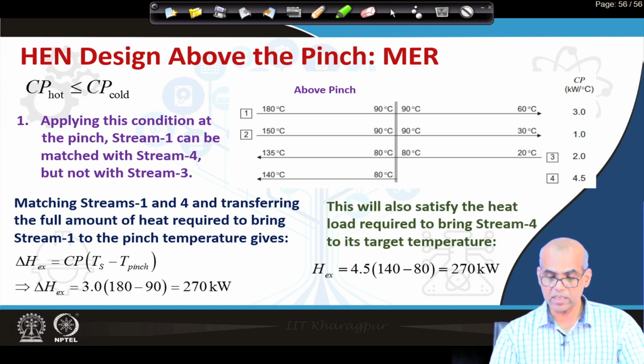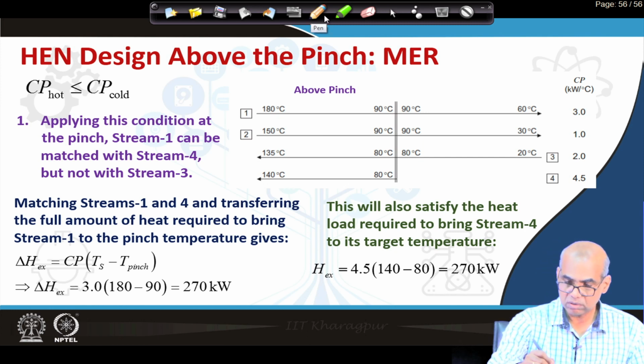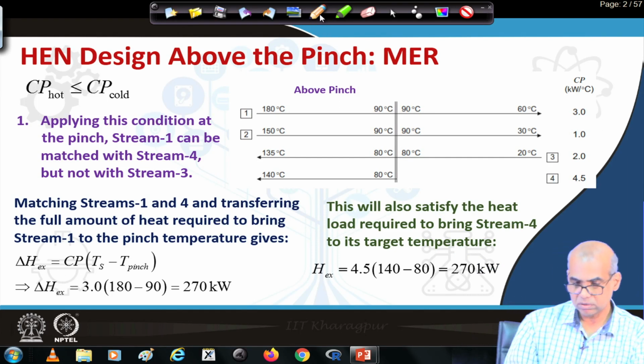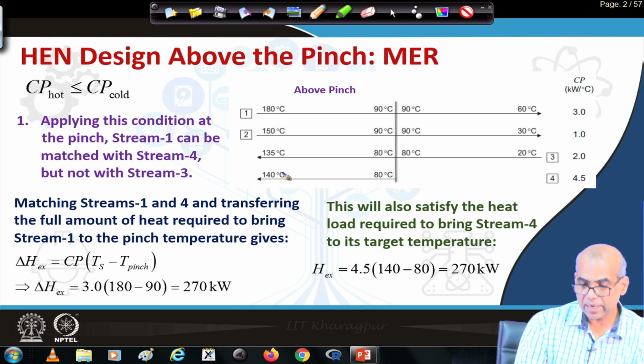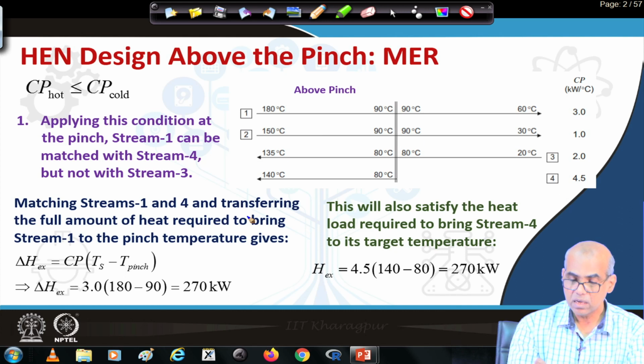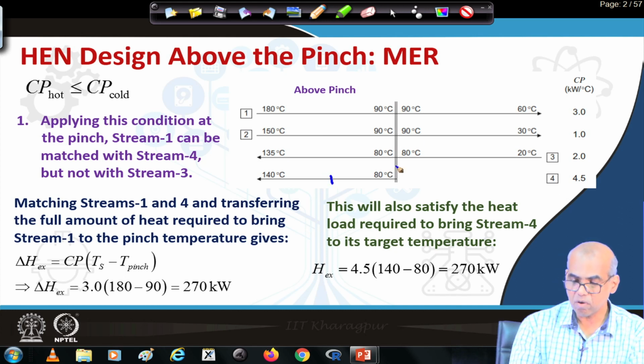This will also satisfy the heat load required to bring stream 4 to its target temperature. What is that? Stream 4 target temperature is 140 degree Celsius. Note that stream 4 is a cold stream which must be heated from 80 degree Celsius to 140 degree Celsius.